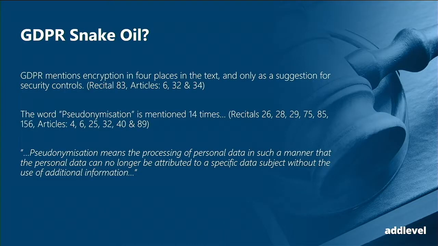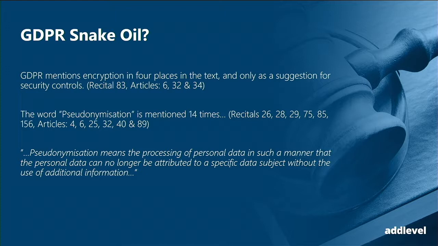GDPR snake oil. Have you heard the term snake oil? Silver bullets, this is what you need to do. There are actually some vendors that claim that if you encrypt your information, then you will be roughly 70% compliant with the GDPR. That's snake oil. The regulation mentions encryption 4 times, but always as an example of a security control that you can use to meet different requirements.